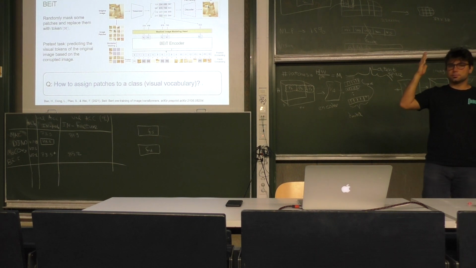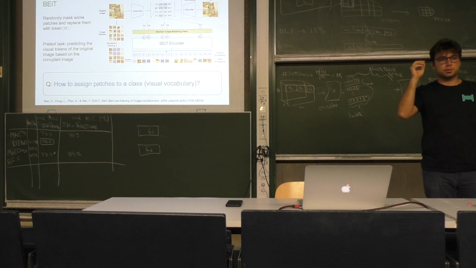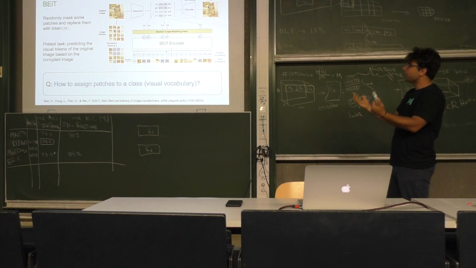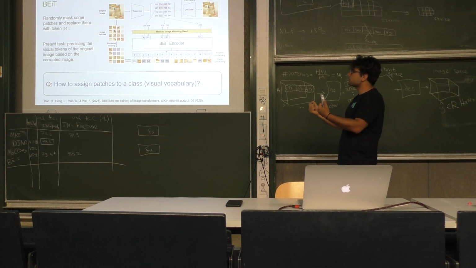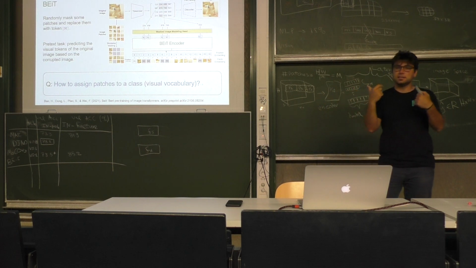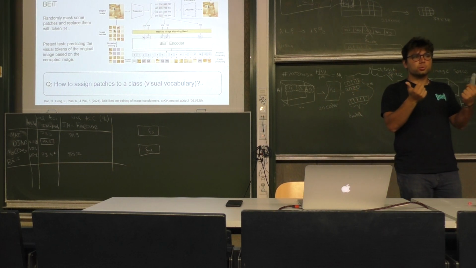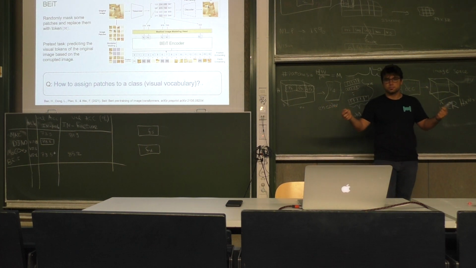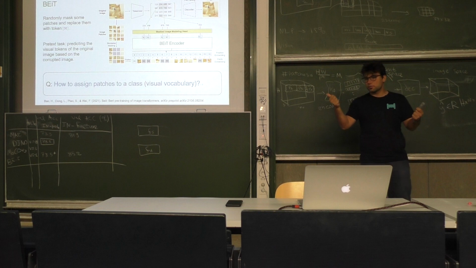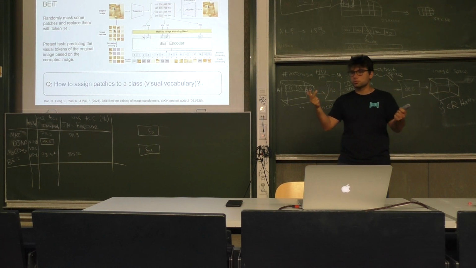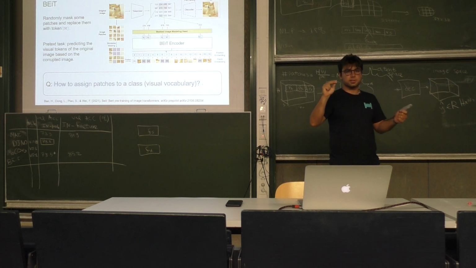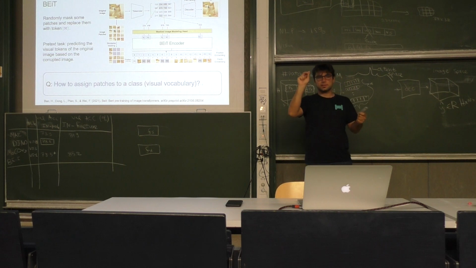So this is a more discretized objective where we want to train with cross-entropy. But this begs the question: how can we assign image patches to discrete values in a set of visual vocabulary? Visual vocabulary, prototypes or codebook, different papers use different terminologies, but they all correspond to the same thing. We want each patch to have one discretized class.